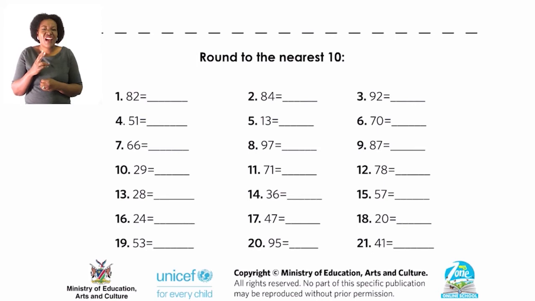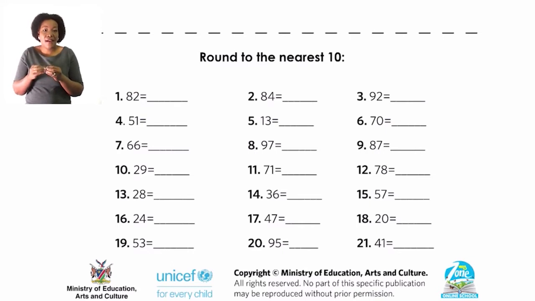Or rather, let's go to number 14. It says 36. Between which two tens do you find 36? What do you hear first? You hear a 30. So you have to write a 30 on the left side and the next 10 on the right side, which is going to be a 40. And now what is the next step that you need to do? You have to look at the number to your right, which is a 6.